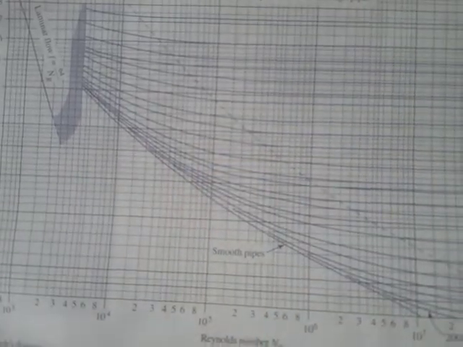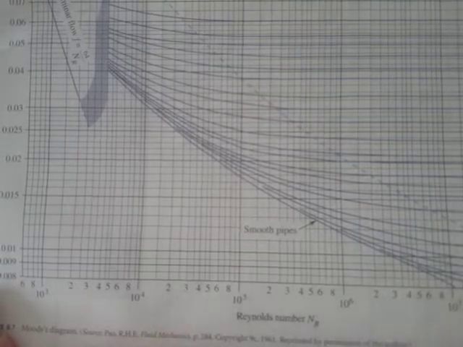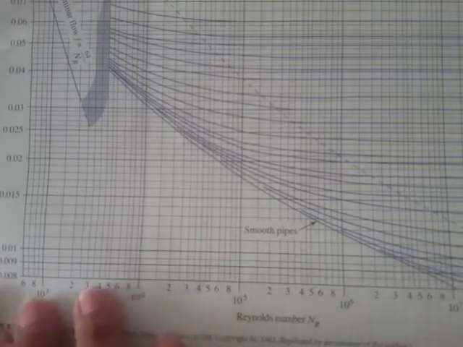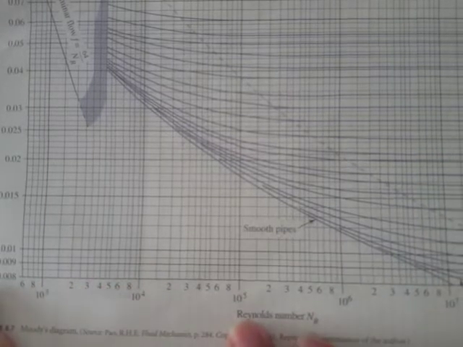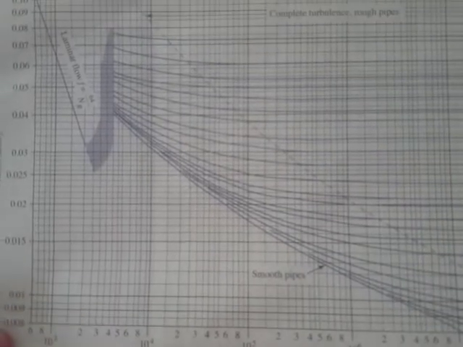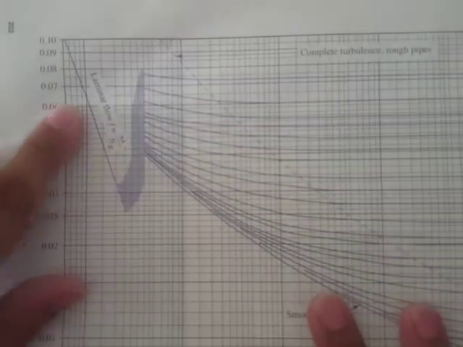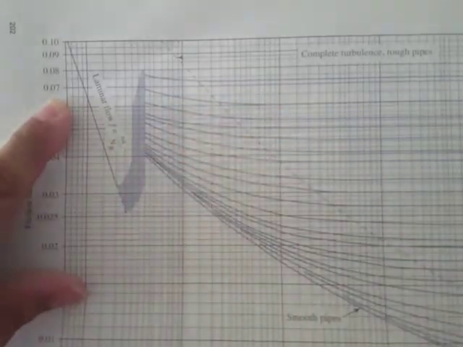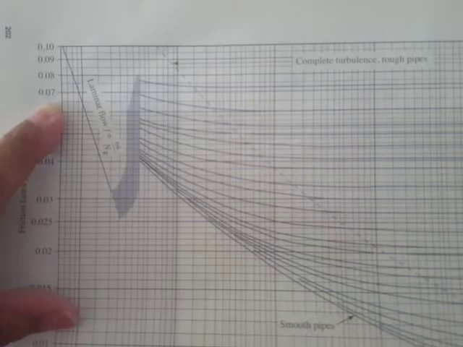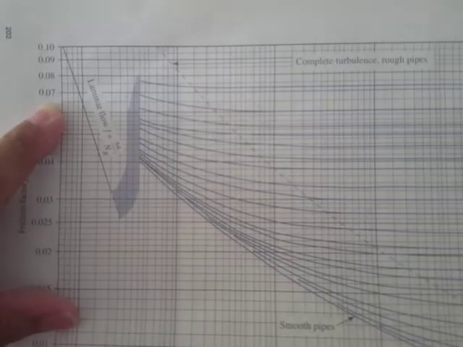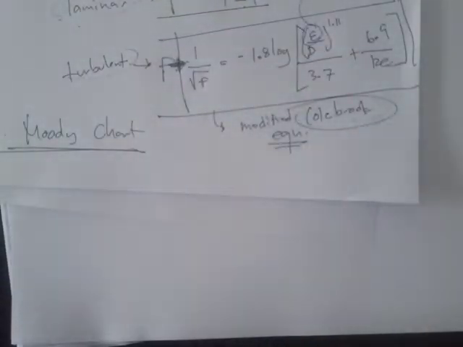Another thing is that this is a log-log scale, so it's not equally divided; it's a logarithmic scale. We also have here the laminar flow, and here the turbulent flows. That's enough for now, and we will do some computations regarding what we have covered so far.